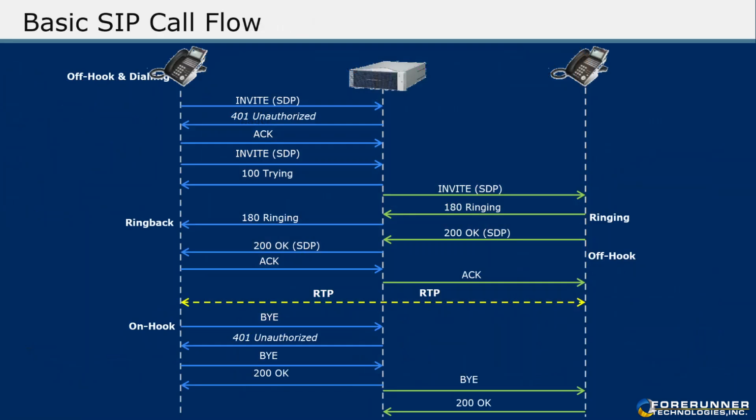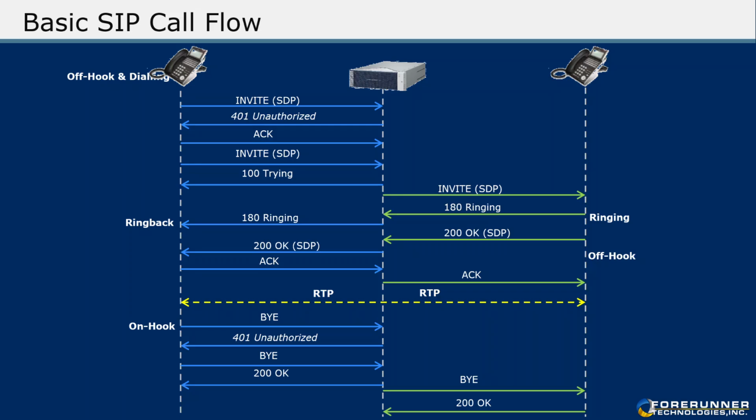Speaking about SIP, we need to become familiar with the SIP call flows. The one depicted here is a very simple call flow of a basic call between two devices. SIP has messages like INVITE, ACK, BYE, and has replies like 401 Unauthorized, 100 Trying, or 200 OK.